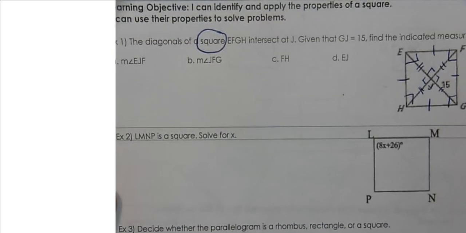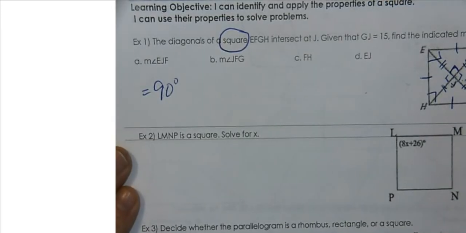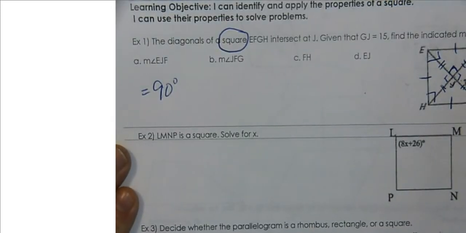We are told that GJ is 15, and we want to find the indicated measure. First, we're going to find the measure of angle EJF. We already marked that up with a right angle, so EJF is equal to 90 degrees. Next, we want to find the measure of angle JFG.